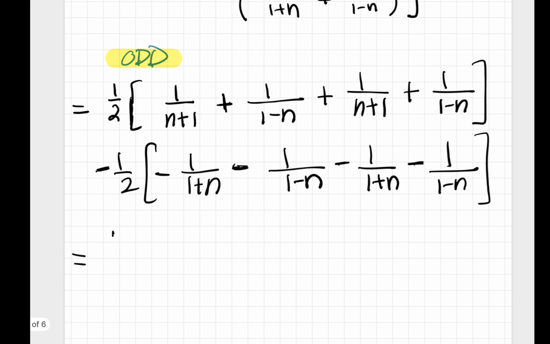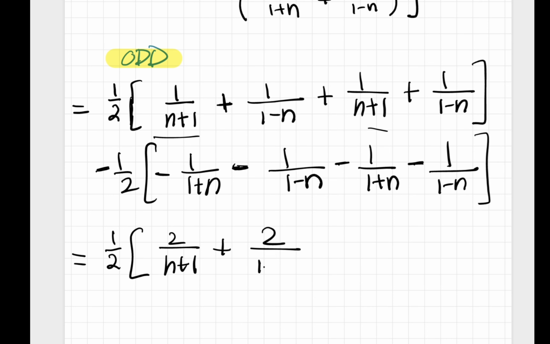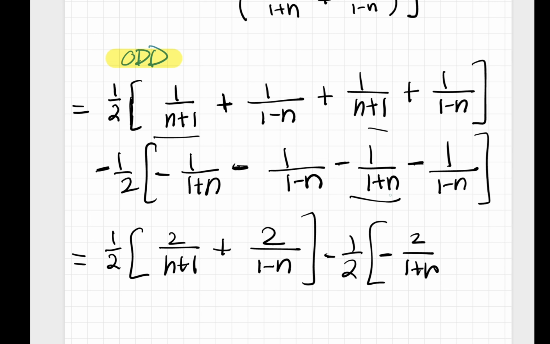Now let's start solving this. We get 1/2. This is 2 over n plus 1 plus 2 over 1 minus n, minus 1 over 2, minus 2 over 1 plus n, which are these two, minus 2 over 1 minus n, which are these two.